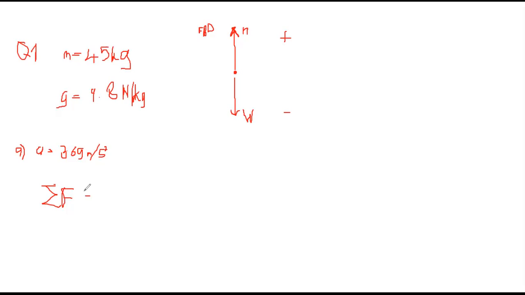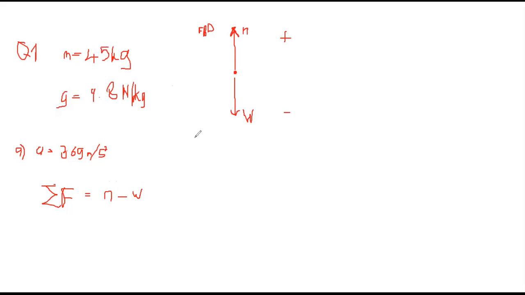Since upward is positive, we consider this force moving up as positive N. So this is N. Then this force going downward is going to be negative, so it will be minus W. What is W?